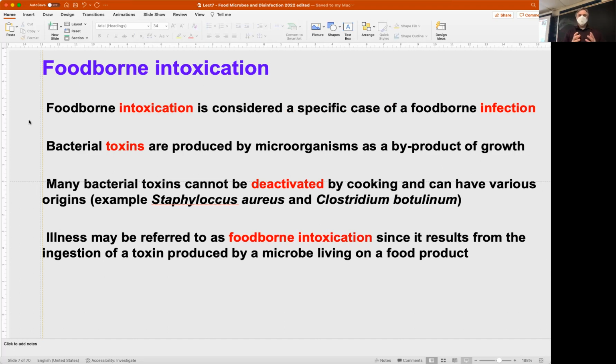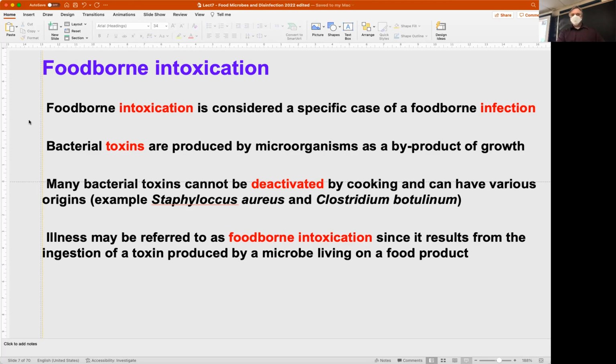As I was saying with the foodborne intoxication, you can't deactivate the toxin just by cooking it. For example, if you just cook Clostridium botulinum toxin, you're not going to deactivate it. There's other ways to deactivate it. What happens is you take in the toxin, and that's called foodborne intoxication.